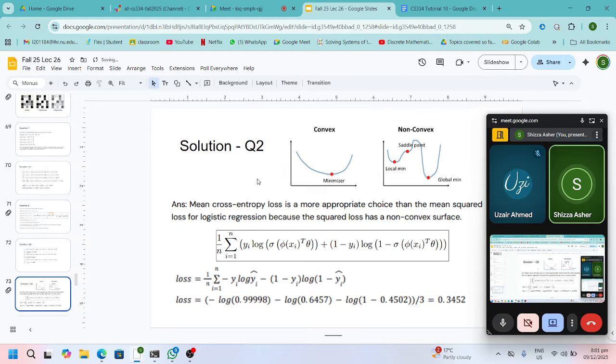If you look over here, तो जिस लॉस की कन्वेक्स लॉस सरफेस है उसके ऊपर I have one minimum point and my algorithm is gonna find that point, then my model is gonna find that point. Non-convex function के अंदर I have local minima, I have global minima, I have saddle points. So we use mean cross entropy loss when you were doing logistic regression.